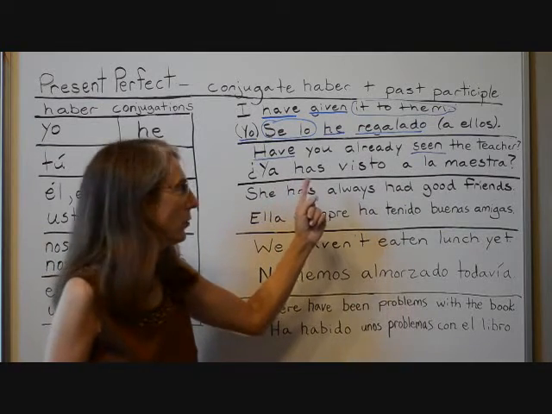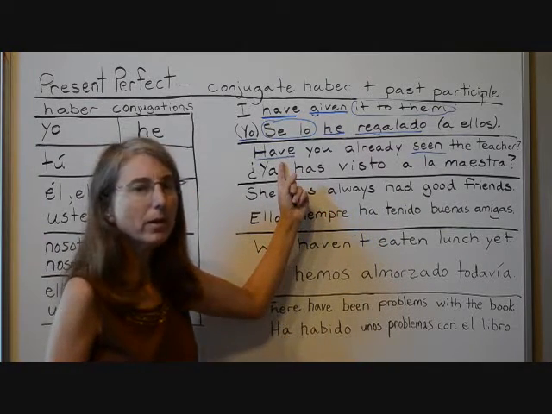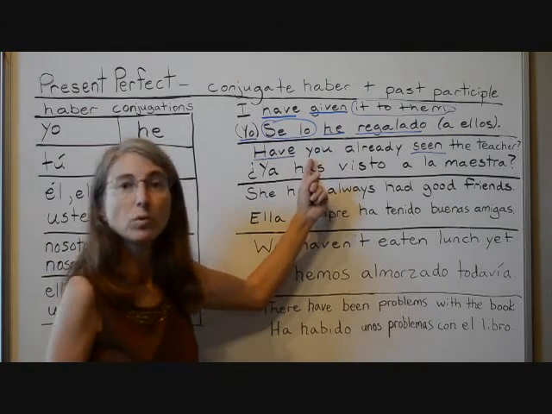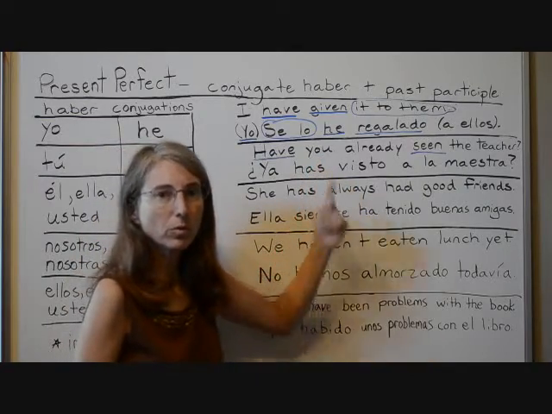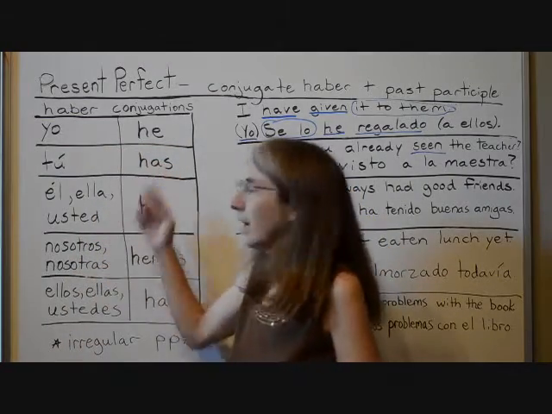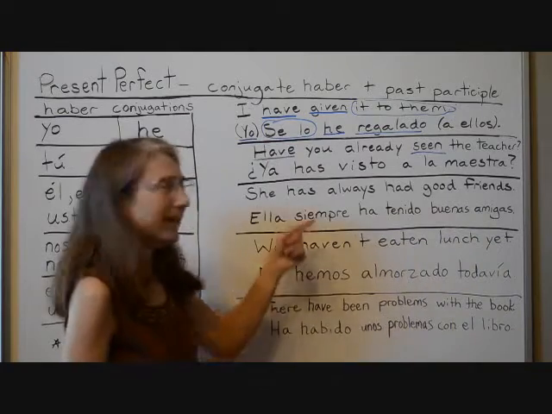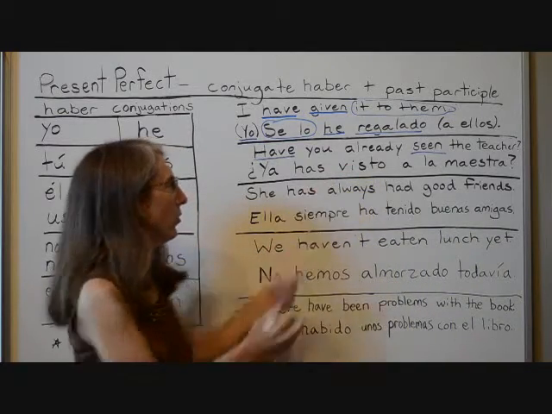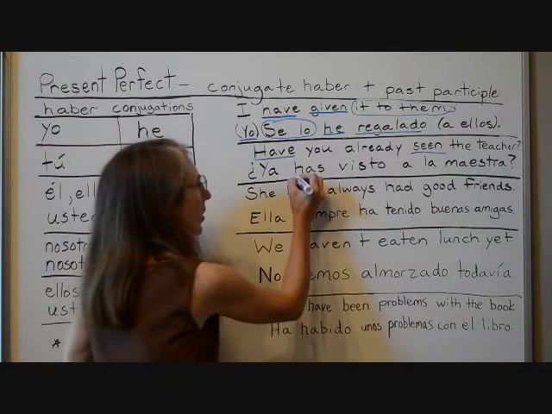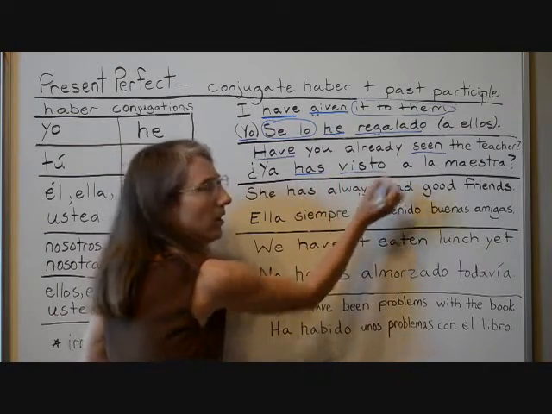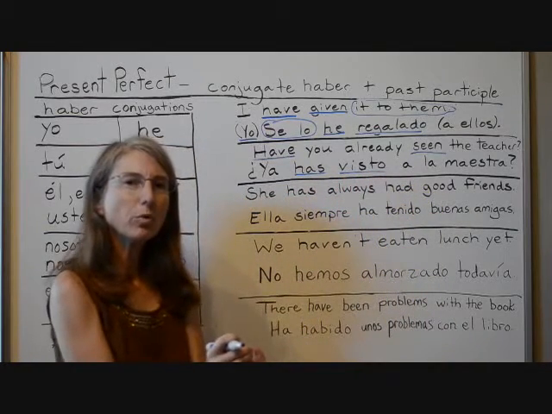So let's take a look at the Spanish. We know that haber is the you form. We're going to just say it's the tú form. So we're going to use has. And the past participle of seen is visto. Has visto. Those will always be together.